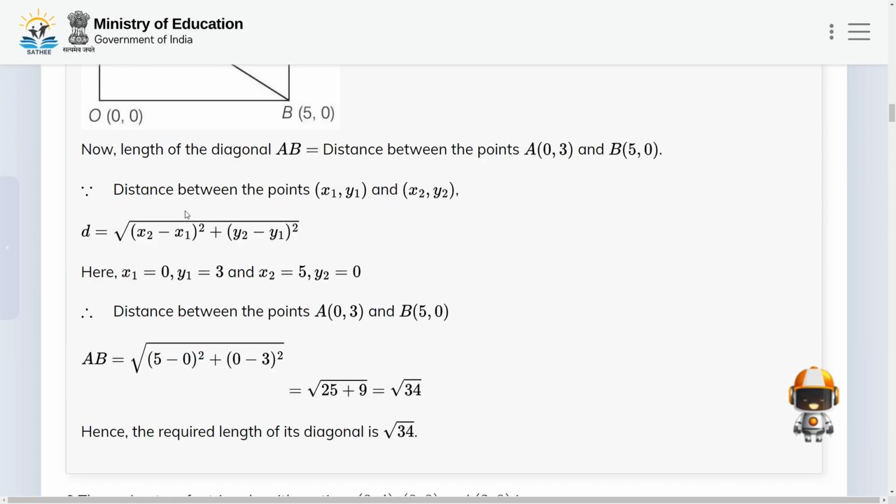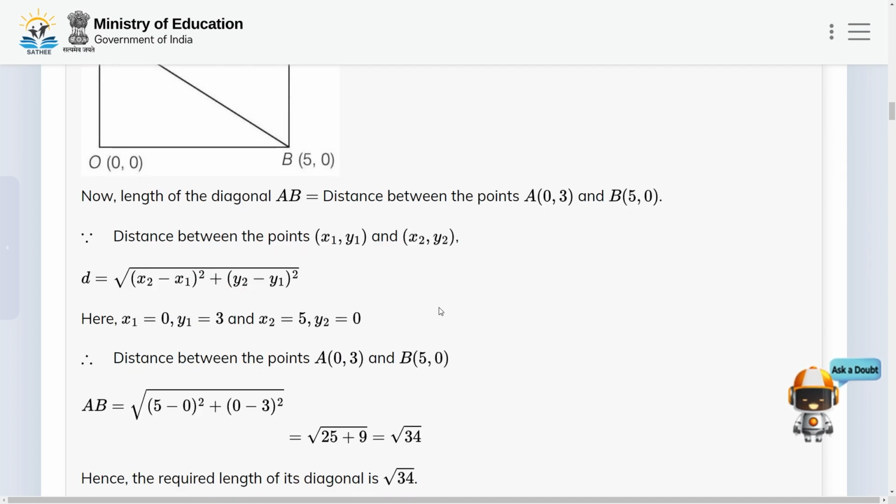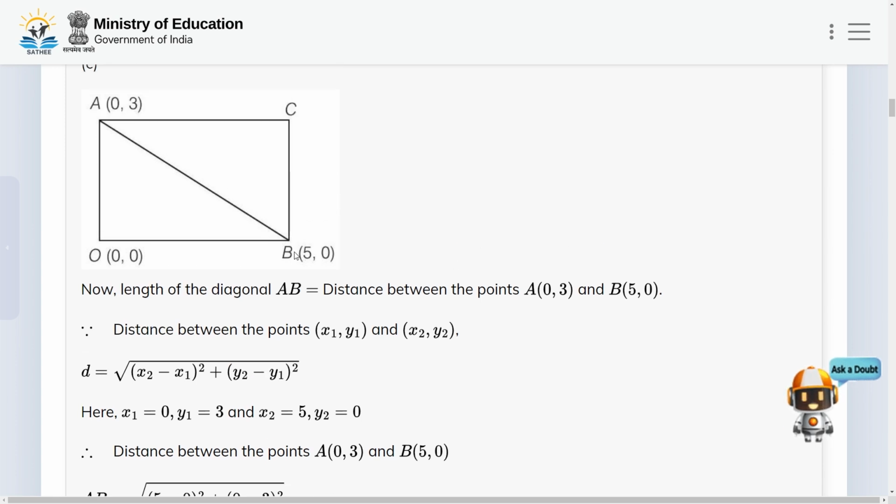Okay, so now the length of the diagonal, that is AB, is the distance between the points A (0, 3) and B (5, 0). And since we know the distance formula, the distance between the points (x1, y1) and (x2, y2), that is d, is equal to square root of (x2 minus x1) whole square plus (y2 minus y1) whole square. And here x1 is equal to 0, y1 is equal to 3, x2 is equal to 5 and y2 is equal to 0.